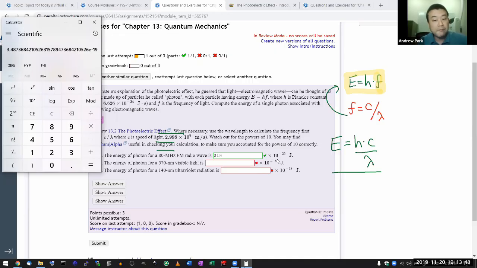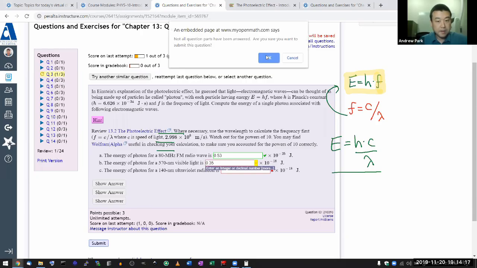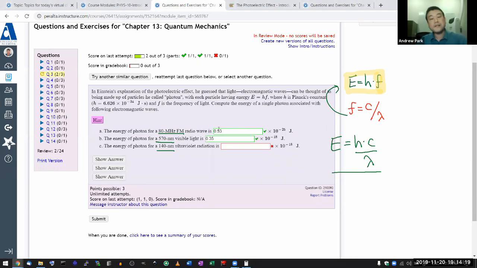I need to multiply by something that will cancel out 10 to the minus 18, so I multiply by 1 times 10 to the 18. When that's multiplied by 10 to the minus 18, it cancels out, and it gives me just the leading number there. Okay, so that's a 0.3. I think I can actually enter 0.35, there's enough tolerance there. Submit, and that's the correct answer.